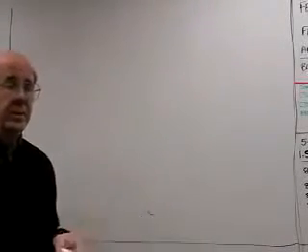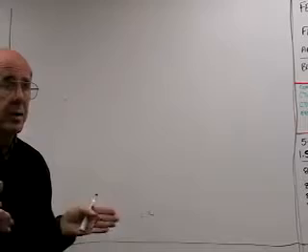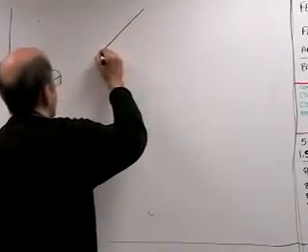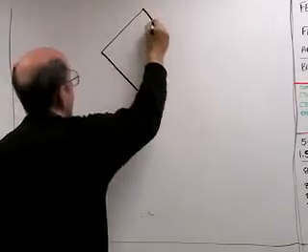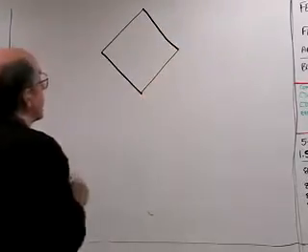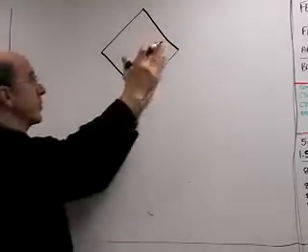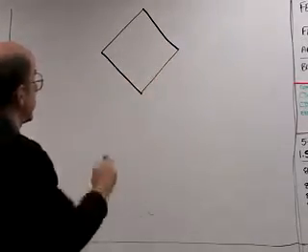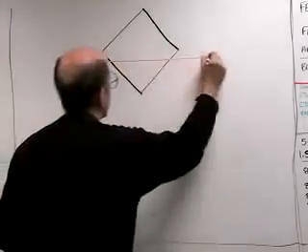Suppose I took that same square box, the cubical box that I was looking at a minute ago, and rotated it by 45 degrees, like this. So I've still got a front face and a back face, but now I've just rotated it by 45 degrees, and I'm in the same electric field.